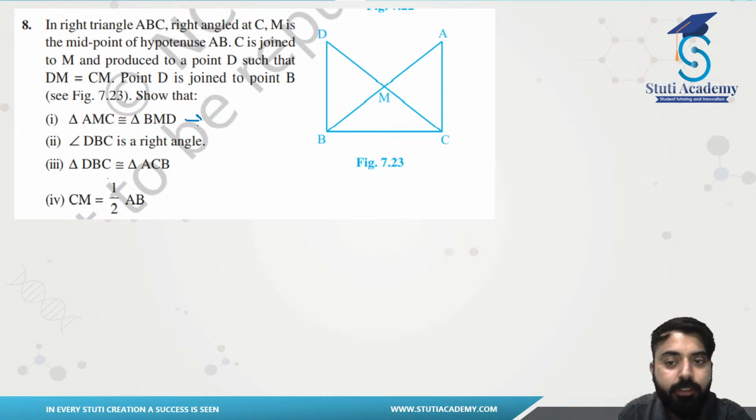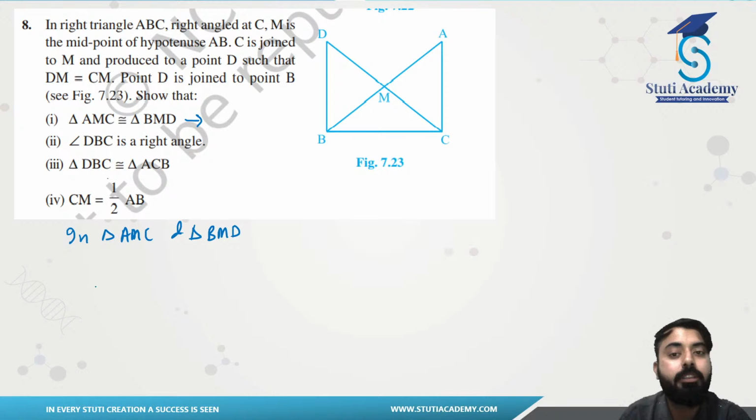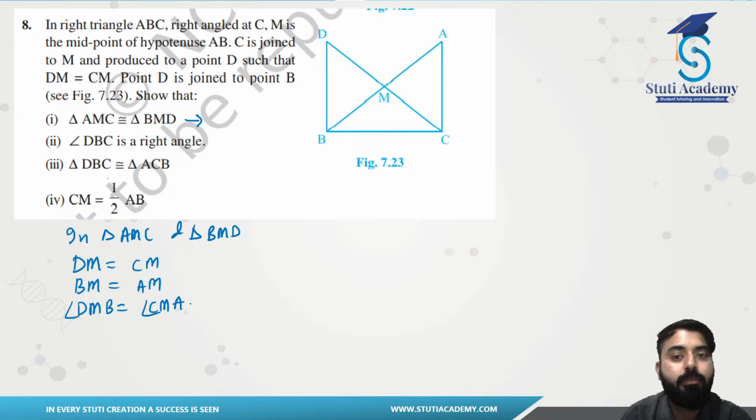So for the very first part now, in triangle AMC and triangle BMD, in these two triangles, I know DM is equal to CM, I know BM is equal to AM, and I know angle DMB equals angle CMA, right?